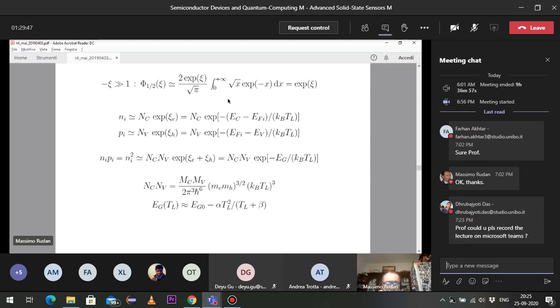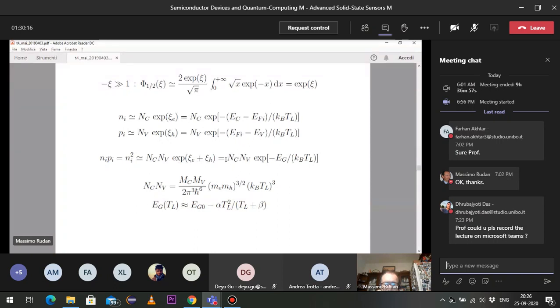Then, when we take the product here of the right-hand sides, you see immediately that the Fermi level cancels in the product, and we are left with Nc Nv times the exponential of minus the gap over kT. The gap is, you remember, Ec minus Ev.